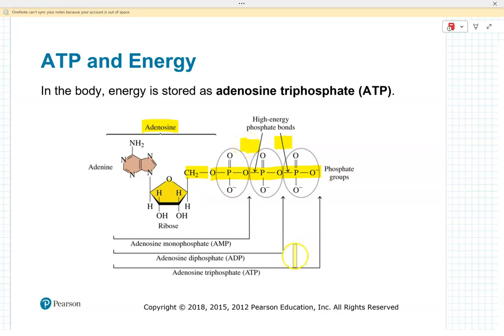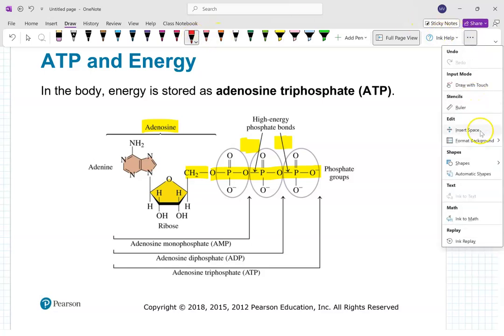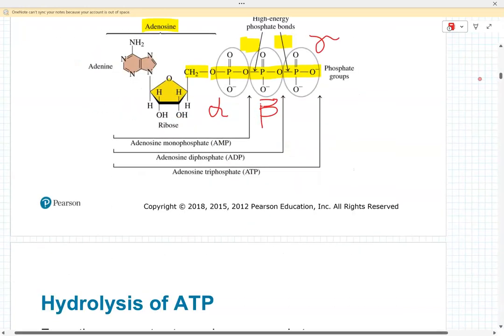Okay, so the most distant group, this one, is the gamma phosphate, that is beta phosphate, and that is alpha phosphate. Okay, so the bonds between the gamma, beta and alpha are high energy bonds.